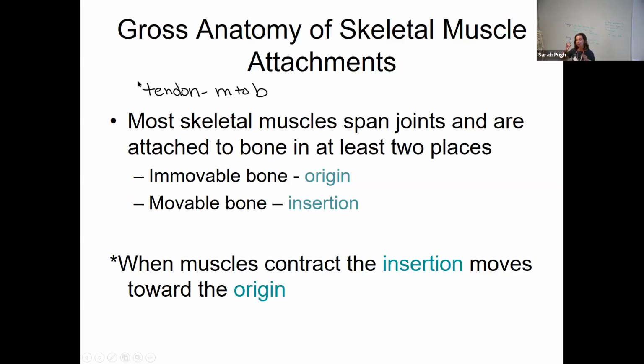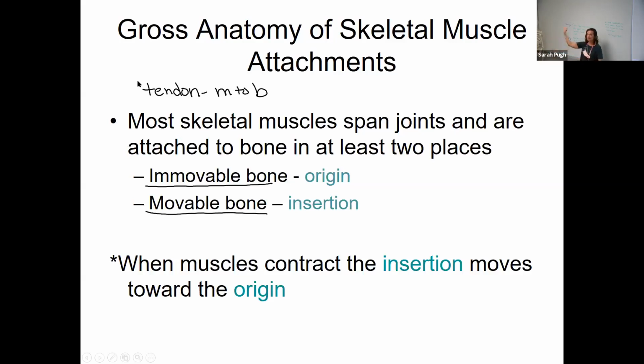And remember, where your muscle connects at two places, it's the origin or the insertion. We say the origin is always the bone that's not moving when the muscle contracts. The insertion is the movable bone. So again, let's go back to your bicep. Your bicep actually runs from like the coracoid process up here all the way down to the radius and the ulna.